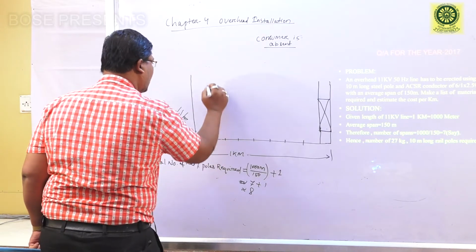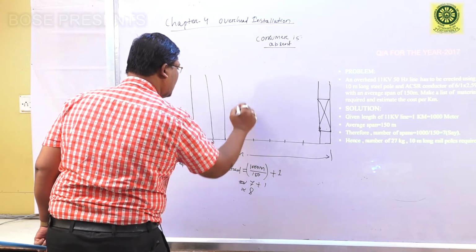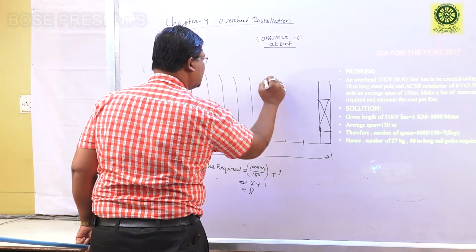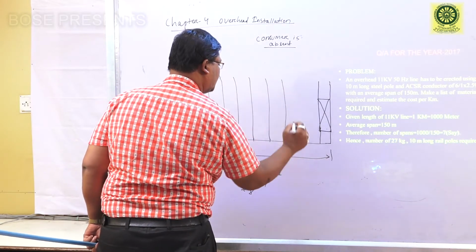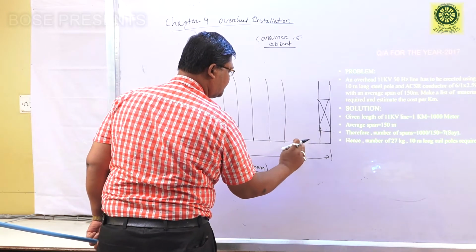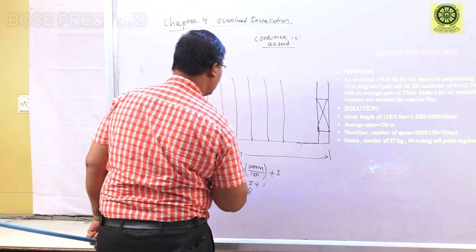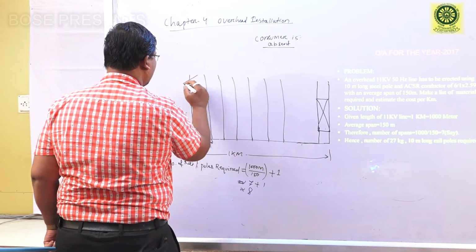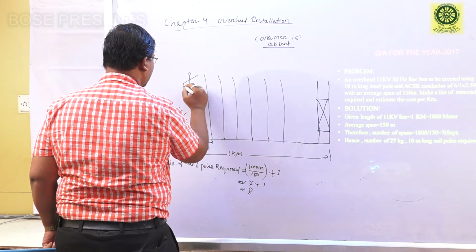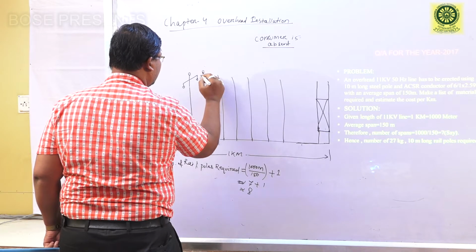So this is 1, 2, 3, 4, 5, 6. This is the cross arm, and here is the insulator.